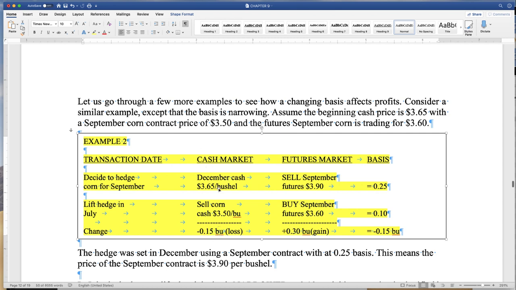We're a seller again. So 365, but it fell only to 350, only by 15 cents. The futures market fell the full 30 cents. That means the basis changed. It was 25, now it was 10. The basis changed by 15 cents. So that means we didn't get 365. We're going to be 15 cents off of that.